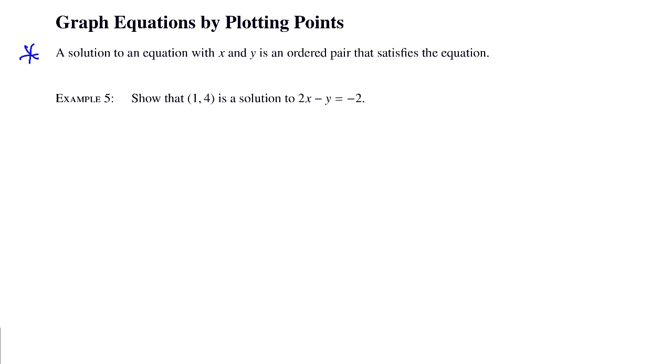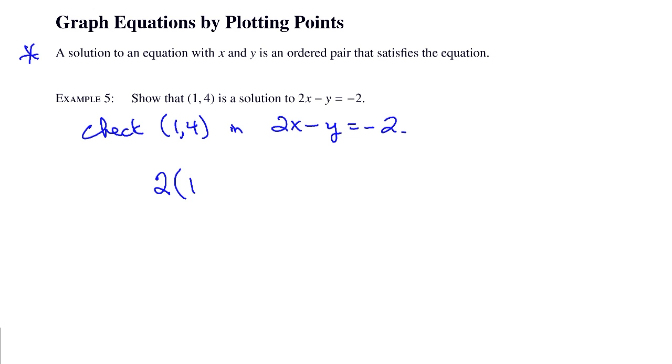In example 5, it says show that (1, 4) is a solution to the equation 2x minus y equals -2. So we'll just check (1, 4) in the equation 2x minus y equals -2. So we have 2 times 1 minus 4, and we're doing a check, so we're going to use the special might-be-equal-to symbol, -2. 2 times 1 is 2, minus 4 might be equal to -2.